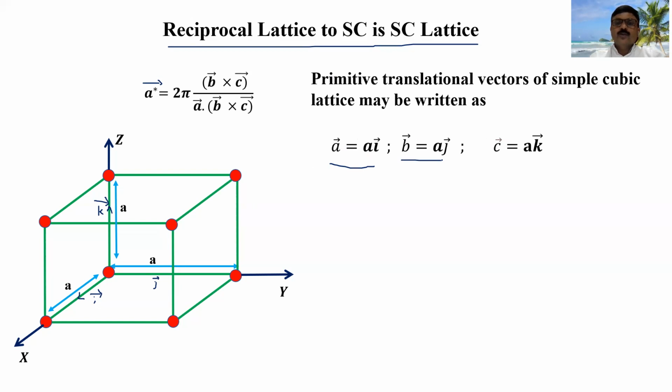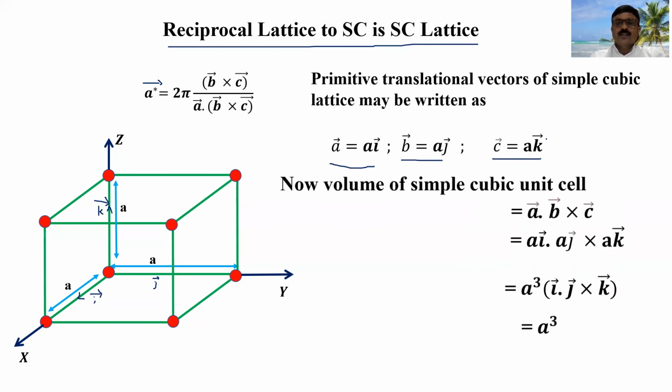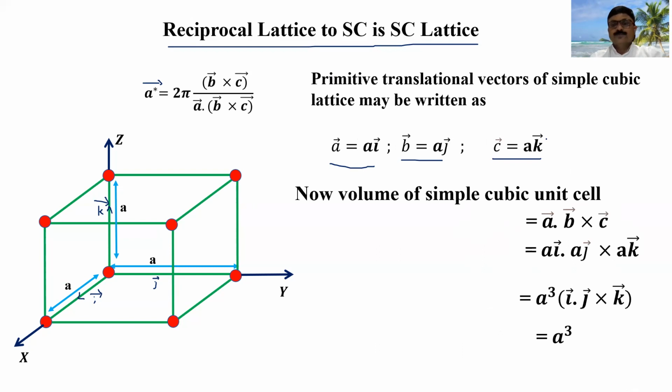Similarly, vector B is equal to A into j, because the magnitude A equals B equals C. Hence vector C is equal to the magnitude A into the vector k. So in this way, we can represent primitive translational vectors in terms of unit vectors.